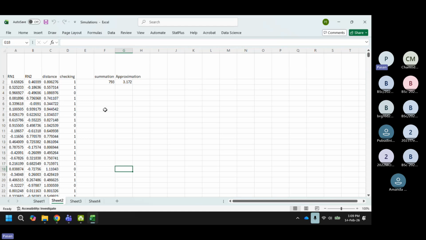So one of the applications we identified is based on the approximation of the value of pi. We identified that by drawing the random numbers inside a square and then finding out the numbers that are inside the circle, and that will allow us to identify the approximations for the value of pi, right?